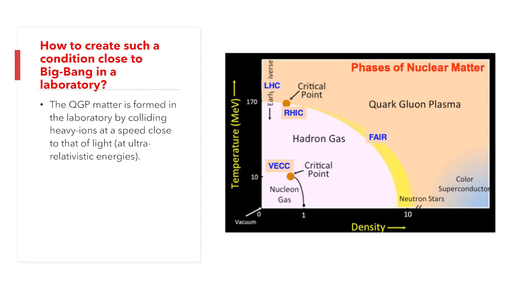And this collision has to happen at ultra relativistic energy. During this process, it compresses and heats the colliding nuclei in a way that the individual protons and neutrons superimpose with each other. This creates a high density of matter, which allows a relatively large number of deconfined quarks and gluons to exist for a very brief period of time.